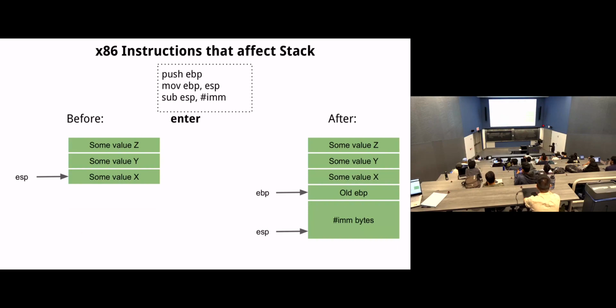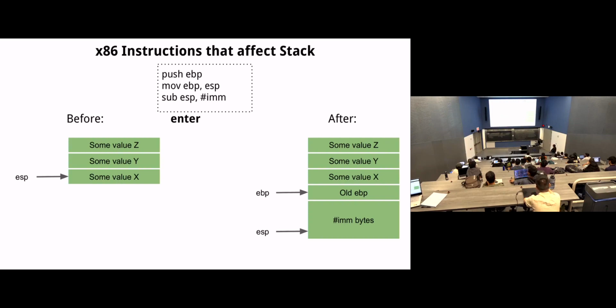Enter is just those 3 instructions together, because every function usually begins with those 3 instructions: push EBP, move ESP to EBP. Remember, the first one is the destination, the second one is the source. And subtract some number from ESP. Because most functions start with those 3 instructions, Intel introduced a new instruction called enter, which is equivalent to those 3 instructions.